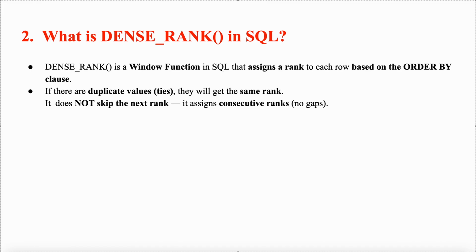But the difference is dense rank does not skip the next rank, it gives the next consecutive rank with no gaps in the ranking sequence. So, in short, dense rank assigns ranks based on sorting, ties get the same rank, no gaps. The next rank is the next number in the sequence. This is what makes dense rank different from rank, and that's how dense rank works in SQL.